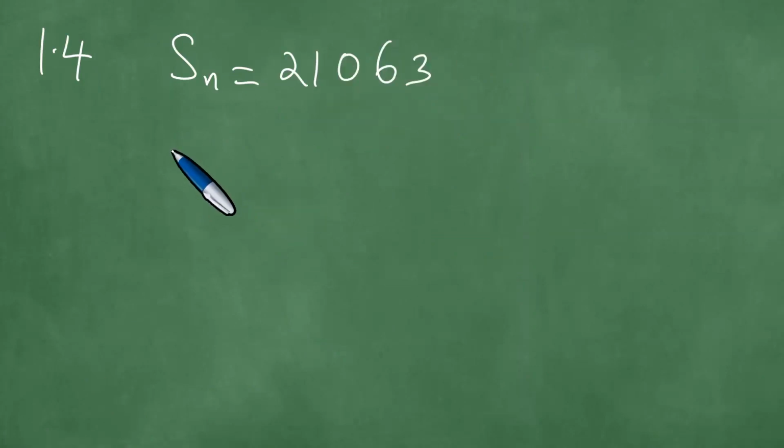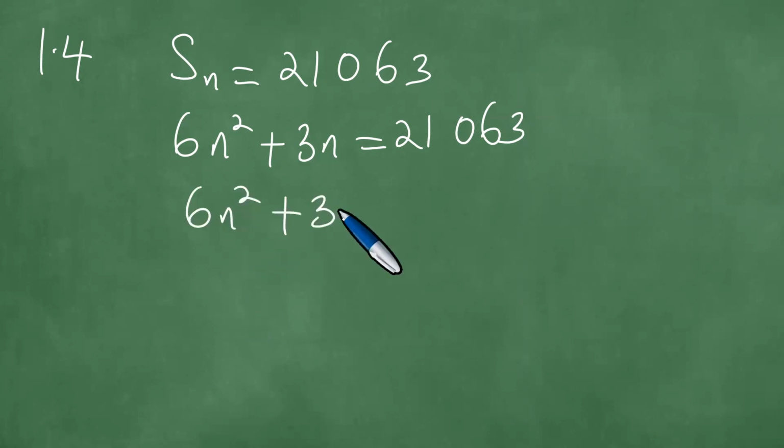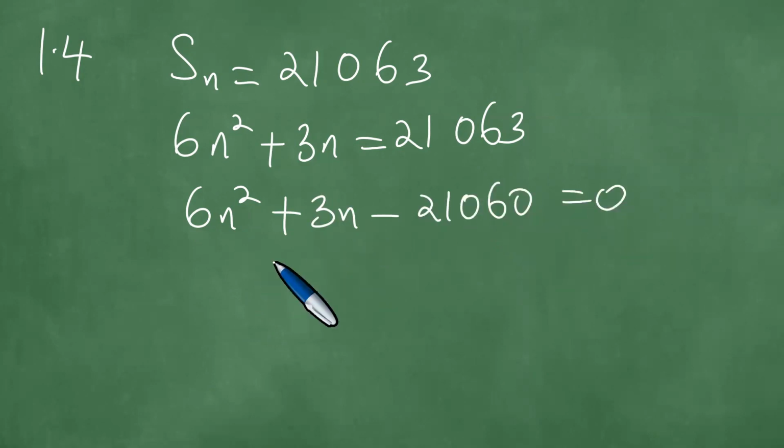So now we have 6n squared plus 3n is 21063. So that in the end, we get 6n squared plus 3n minus 21063 equals 0.